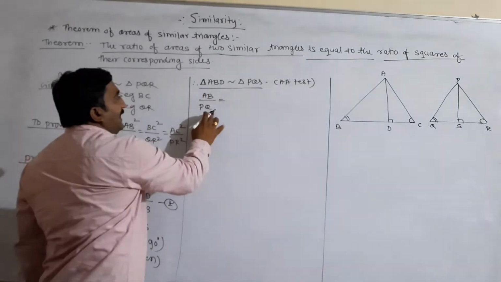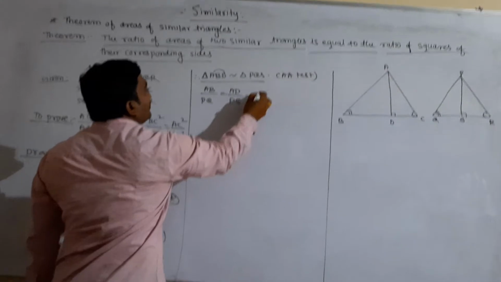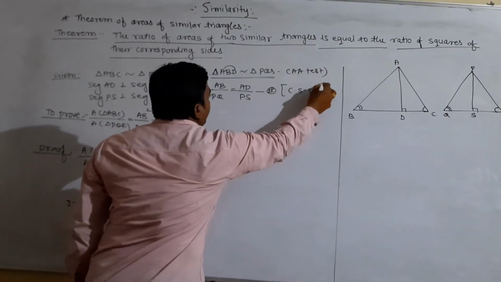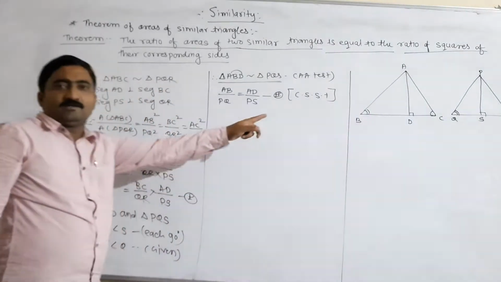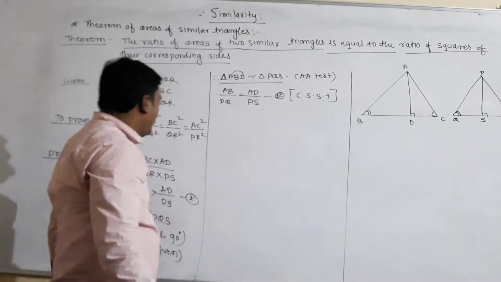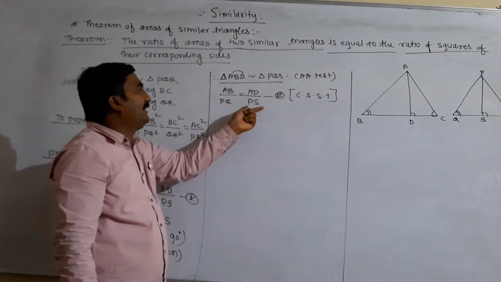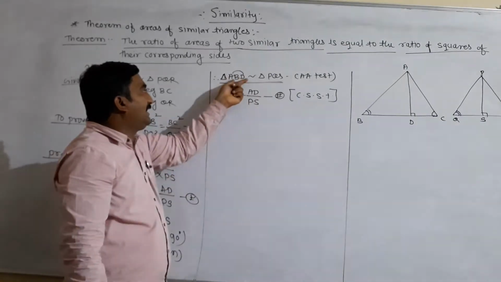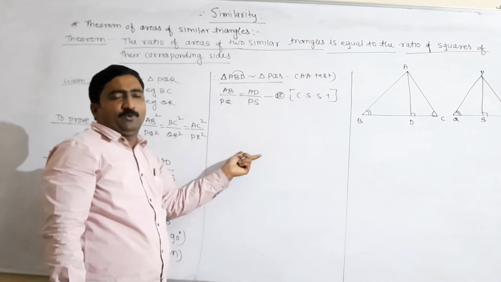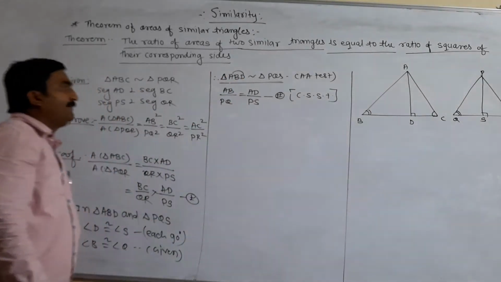Therefore AB divided by PQ is equal to AD divided by PS. This is equation second, corresponding sides of similar triangles. We do not write BD divided by QS because it is not necessary for our proof.